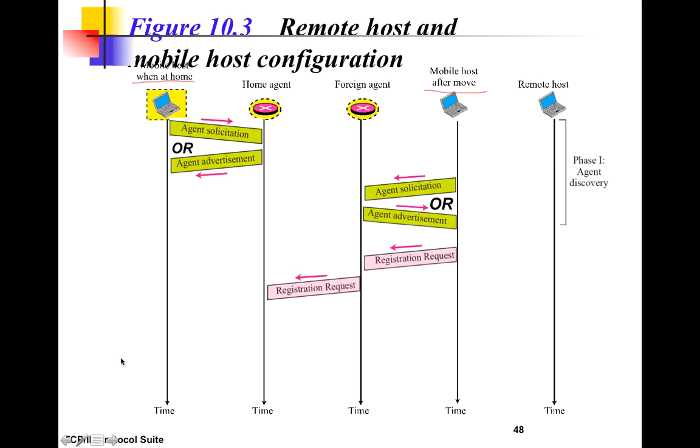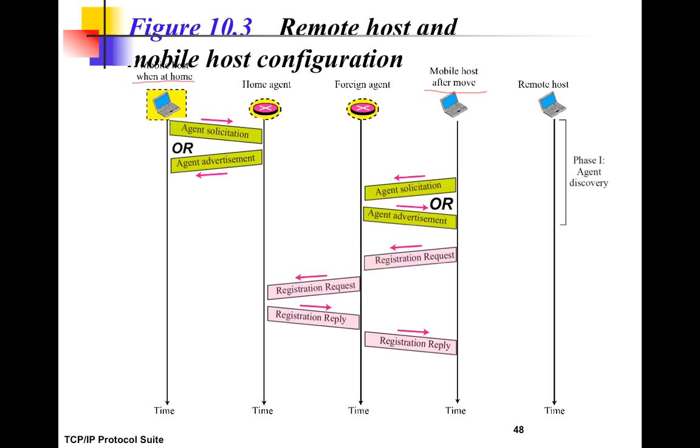When everything is fine, the home agent will respond back saying, yes, this is a valid mobile, please give it a care of address. The foreign agent will then register the mobile and give it a new temporary care of address.